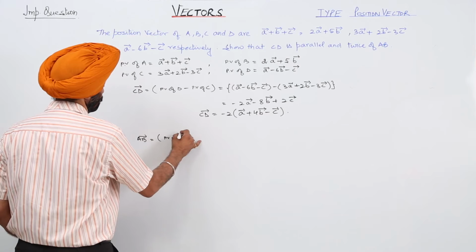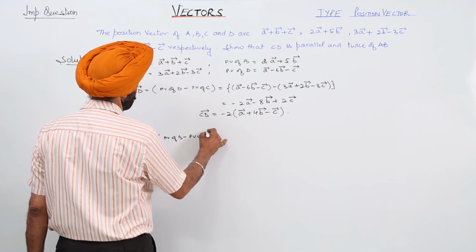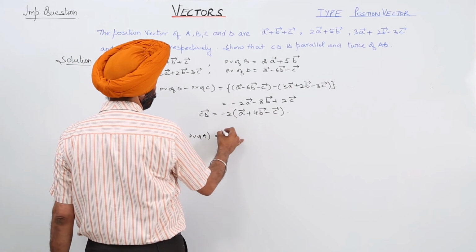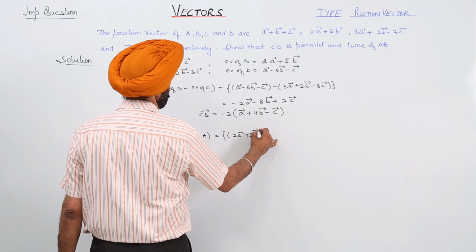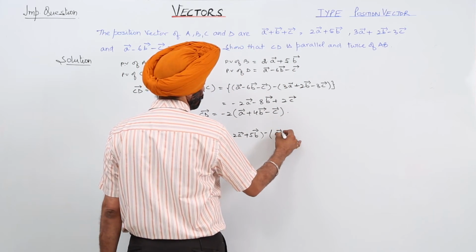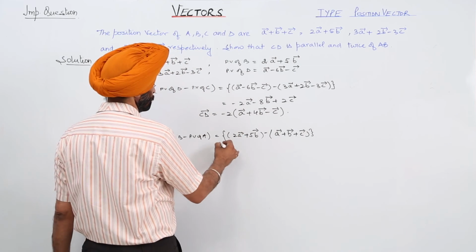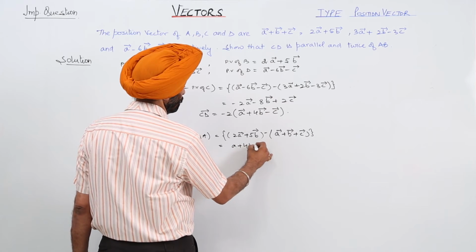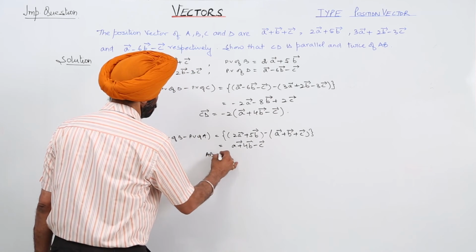Position vector of B minus position vector of A. Now, this is equal to B minus A, that is, 2 vector A plus 5 vector B minus vector A plus vector B plus vector C. Now, AB is equal to this.